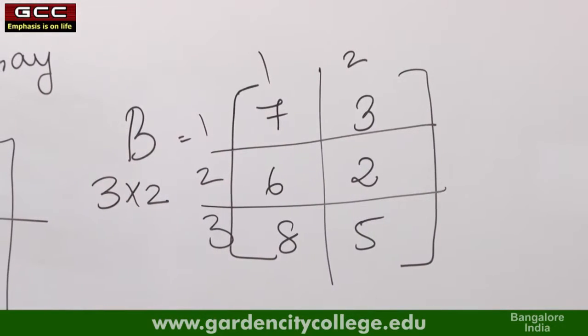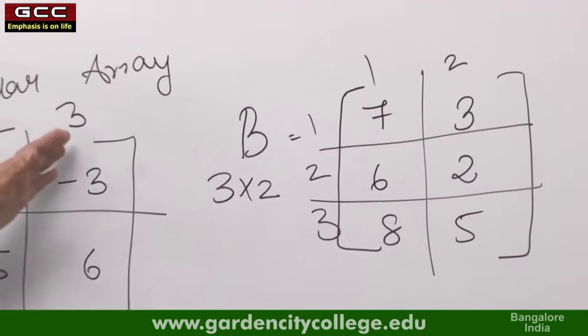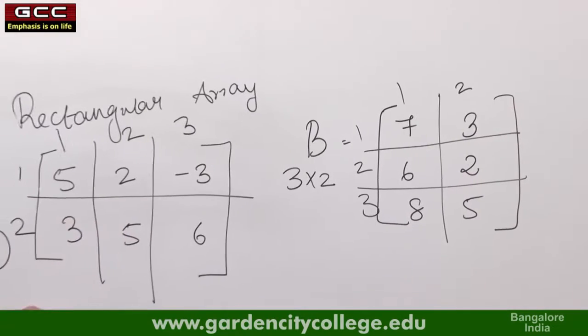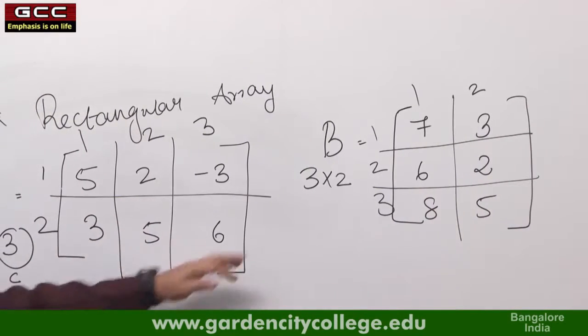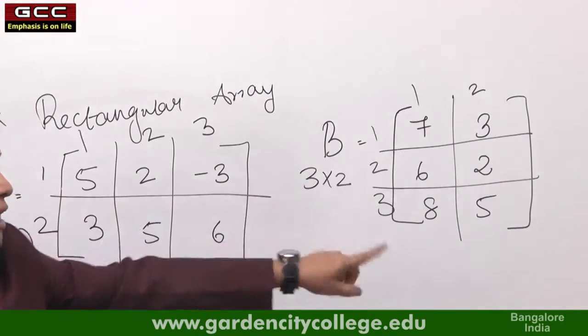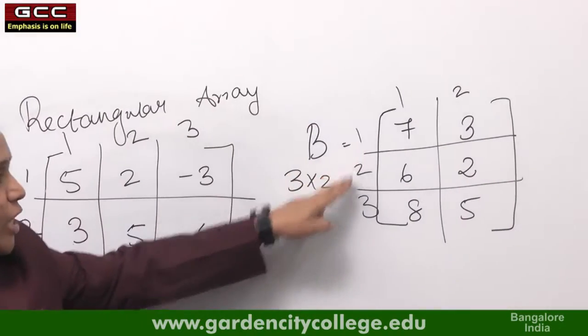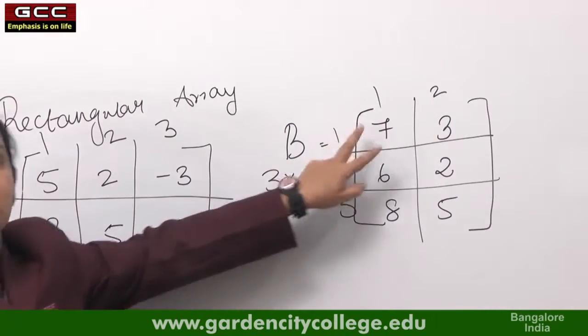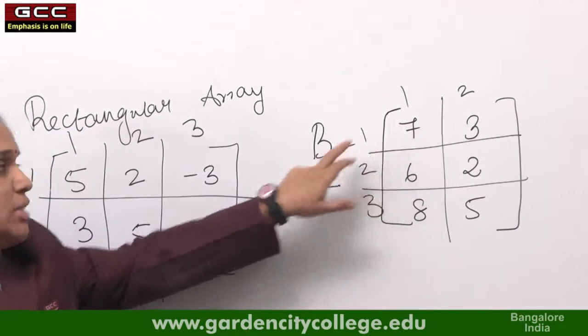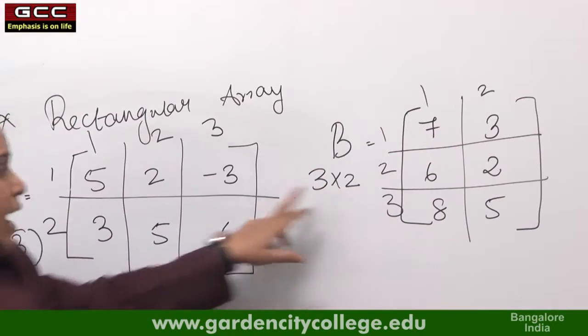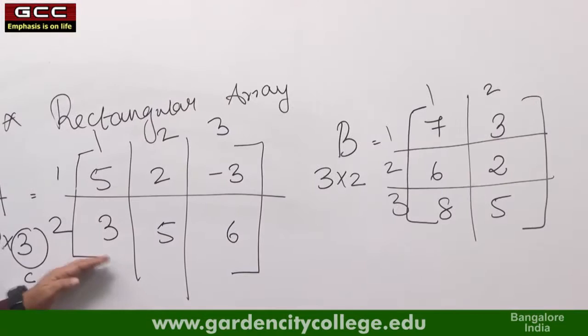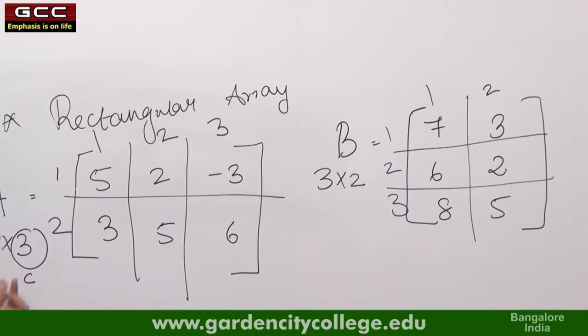So, basically a matrix is a rectangular array of numbers arranged in rows and columns, denoted within square brackets. If you have 3 rows and 2 columns, the order of the matrix is 3 by 2, and if you have 2 rows and 3 columns, the order is 2 by 3.